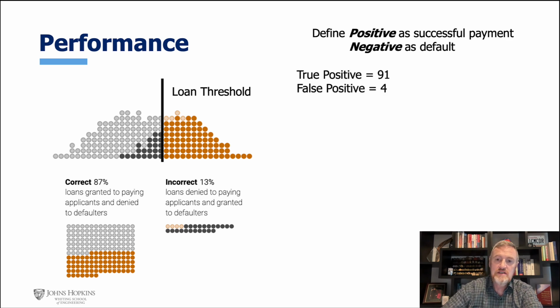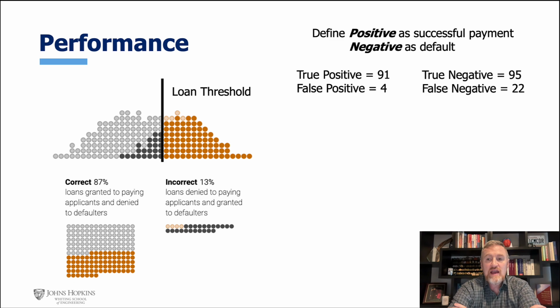So what that means is we can have true positives, indicating the 91 dark yellow dots that we gave a loan to, and we can have 4 false positives. The positives are people that we're classifying as a successful payer, and there's 4 of those that are wrong, so that would be 4 false positives and 91 true positives.